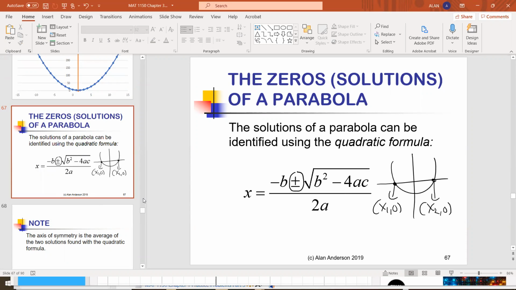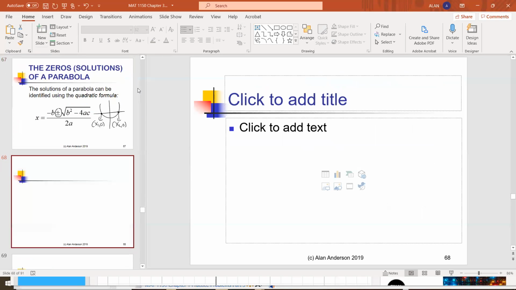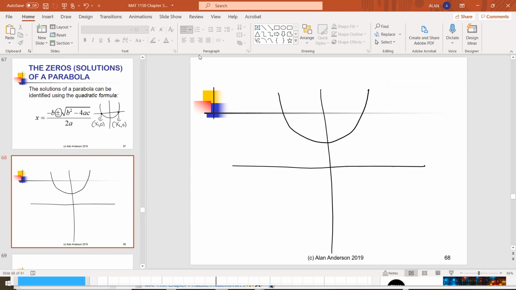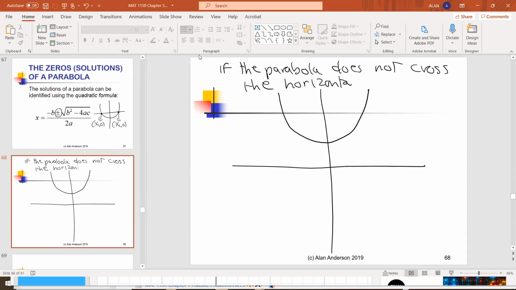But I do want to remind you, if we have a parabola that looks like this, let's say, if the parabola does not cross the horizontal axis, then the solutions are imaginary.